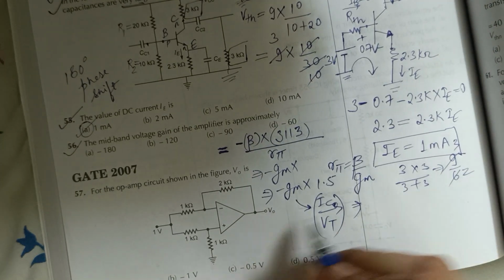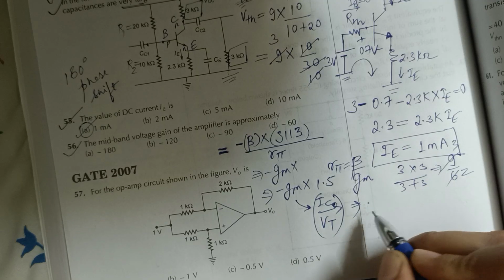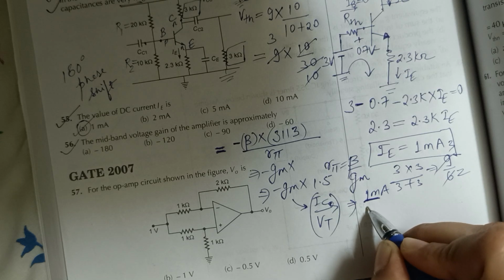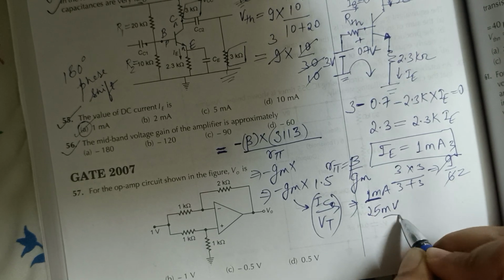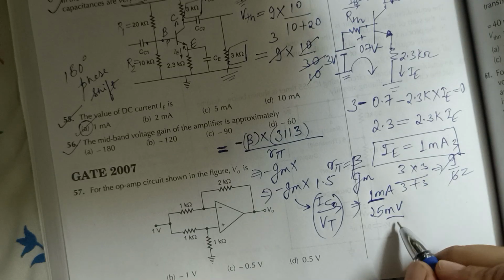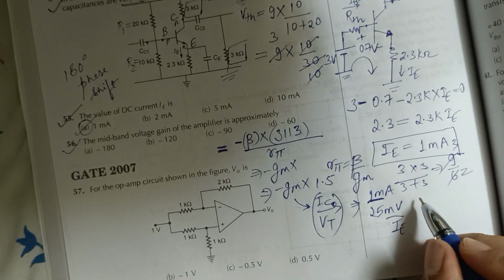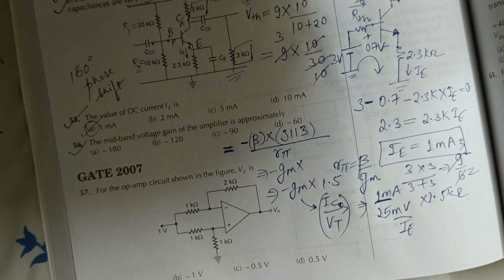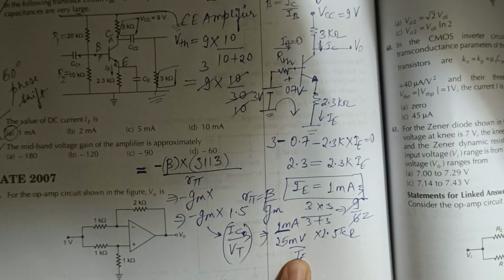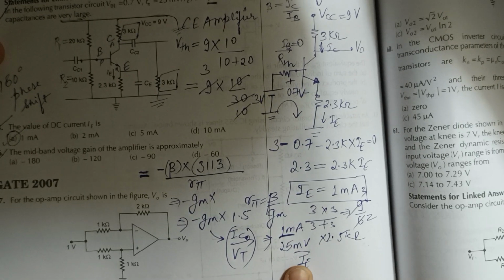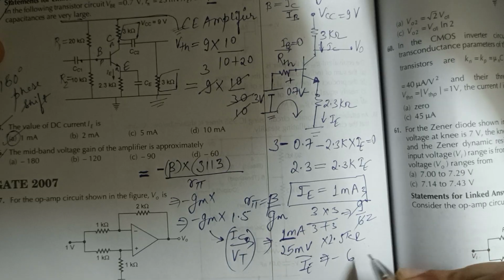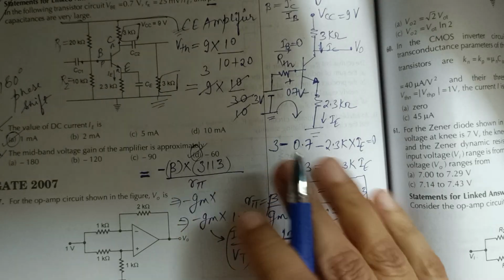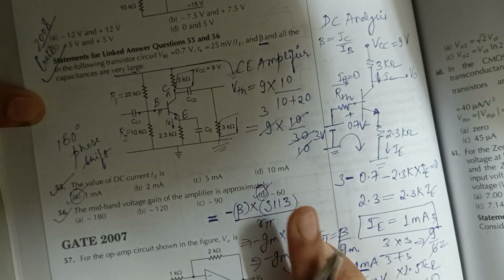IC is 1 milliampere, VT is 25 millivolt, times 1.5 kilo ohm, right? So when you calculate this, it will be equal to 60, but it will be minus 60. So the correct answer of this question is D. So the mid-band voltage gain of this amplifier is minus 60.